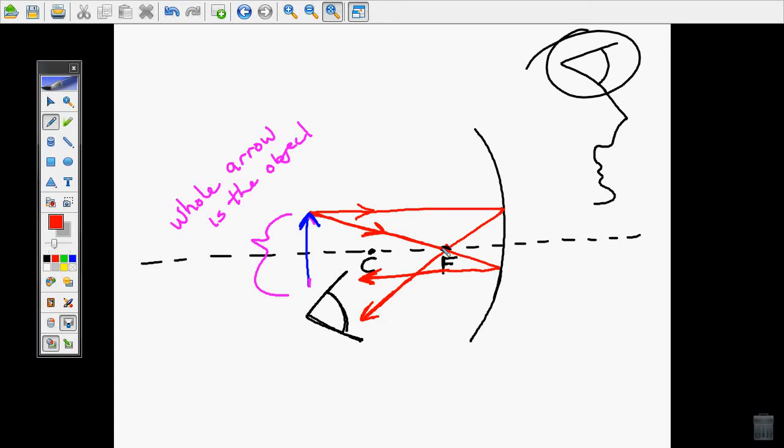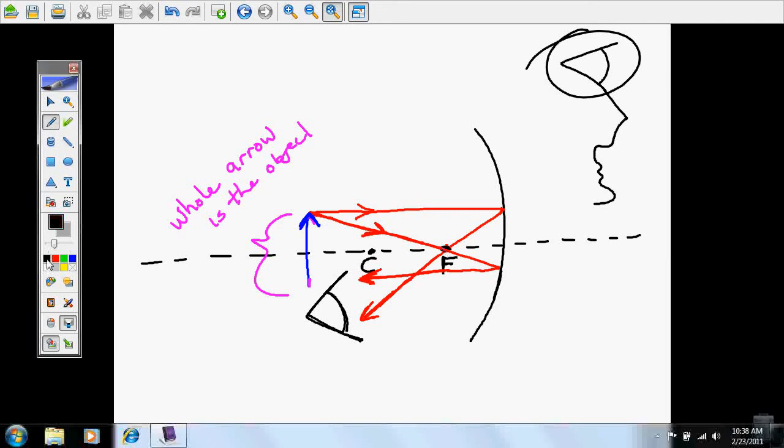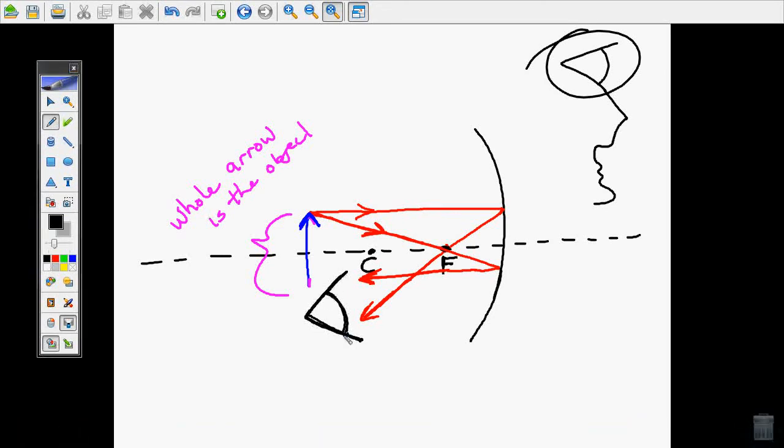Yes? But where would the person's eye and brain think that that light right there, these light rays right here, where do you think your eye and your brain would think that light came from? Right where they intersect. Your eye and brain would think that the light came from right there.